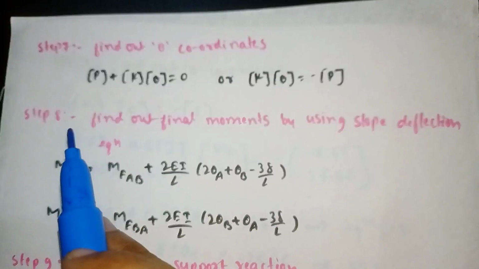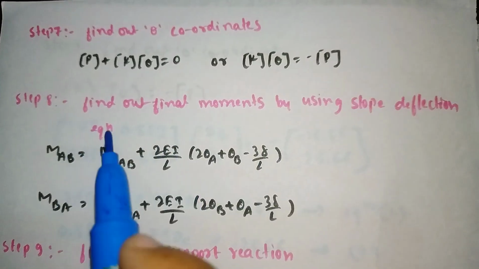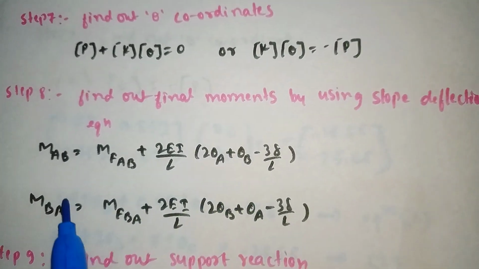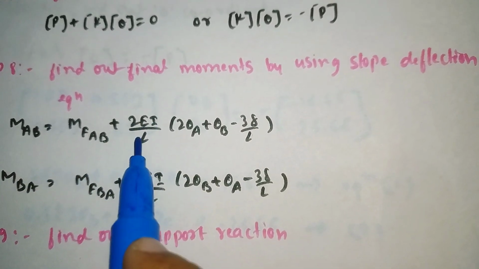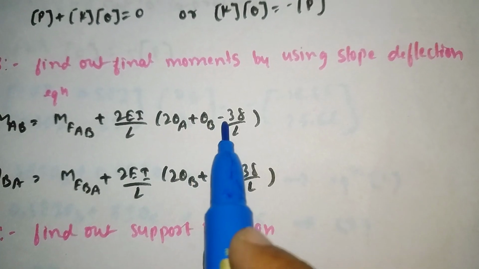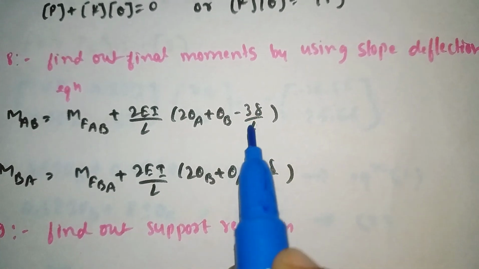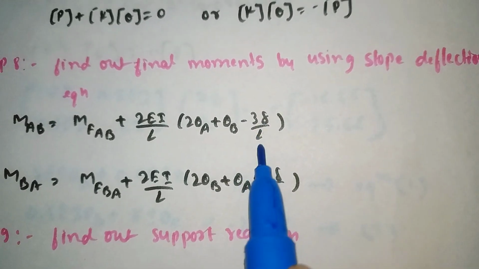Our step number 8 is to find out the final moments by using the slope deflection equation. So by using these two formulas we need to find the final moments. Our formula is MAB is equal to MFAB plus 2EI divided by L, 2 into theta A plus theta B minus 3 delta divided by L. If they give the deflection value then only we need to use 3 delta divided by L, otherwise we need to neglect it.